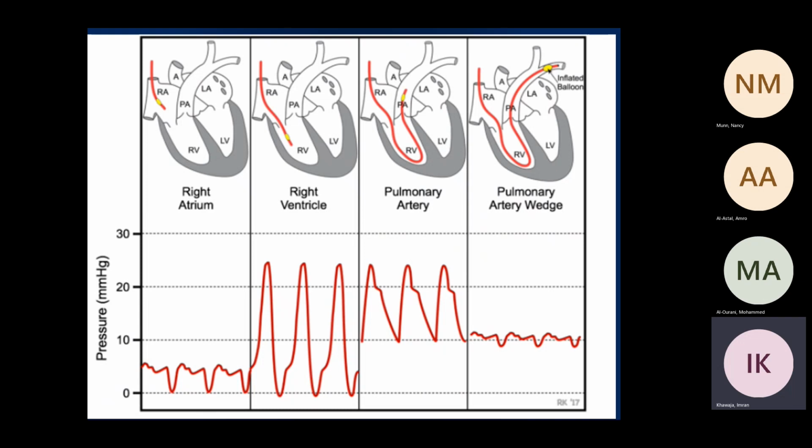So it goes very quickly. Sometimes, of course, you can encounter some difficulties, and I'll show you an example, but that might have to do with the anatomy. But that's the typical sequence of waveforms as you traverse the right atrium, across the tricuspid valve into the RV, out to the PA, and further out with the balloon inflated to the wedge position.